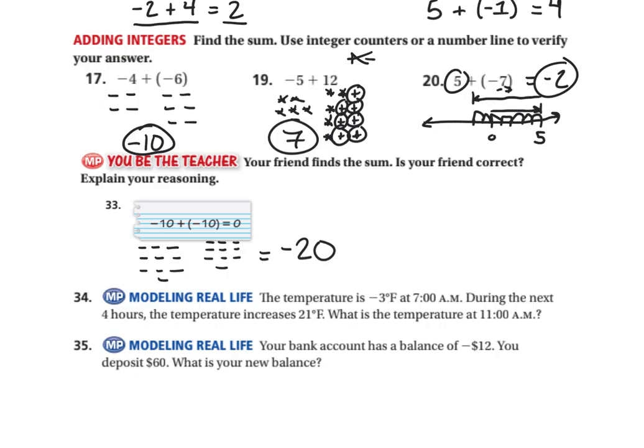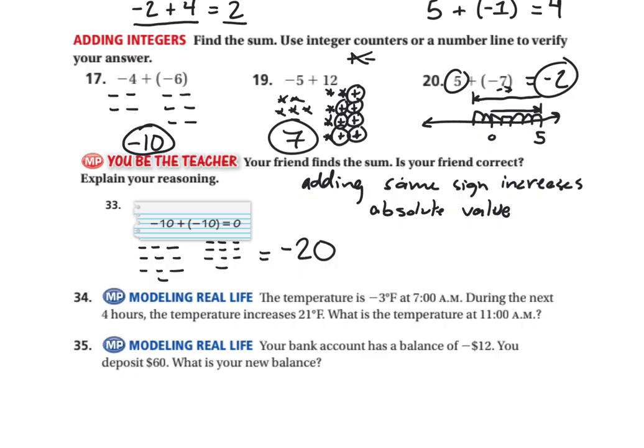My reasoning is that adding same sign increases absolute value. If I have 10 and I'm adding 10 more negatives, right now I'm at negative 20, which is increased from 10 of its absolute value.